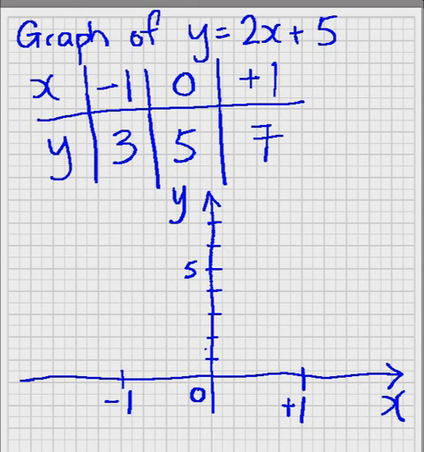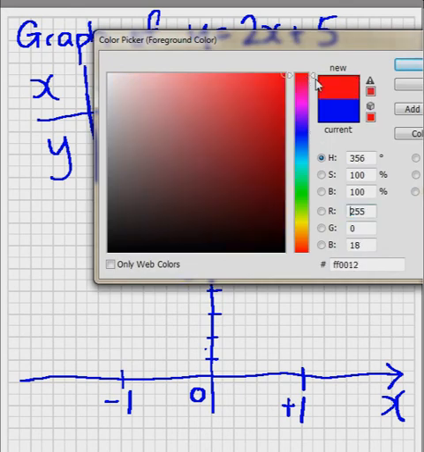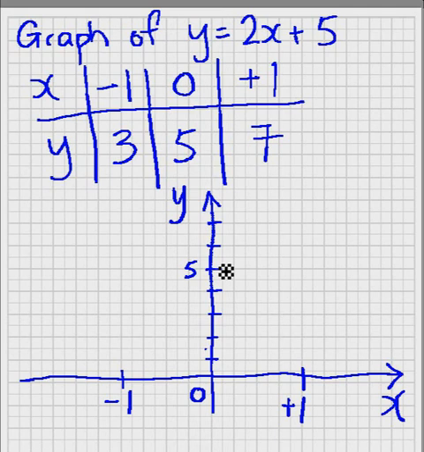Let's use a different color to indicate the points. Let's call this the point x 0, y 5, indicated with a red cross here. Then the next point we're going to plot is x is -1, y is 3. So when x is -1, y is 3. Let's count 1, 2, 3.